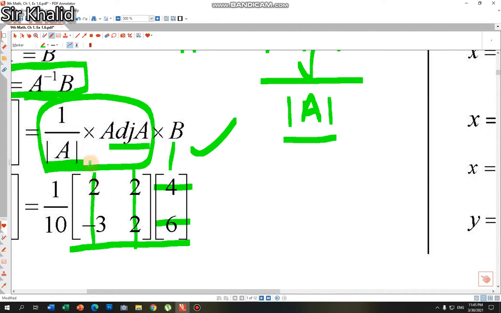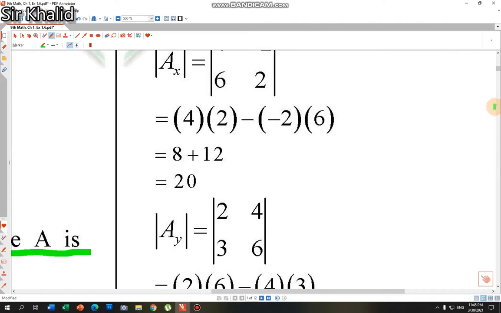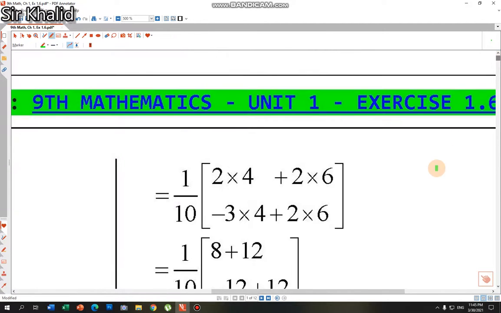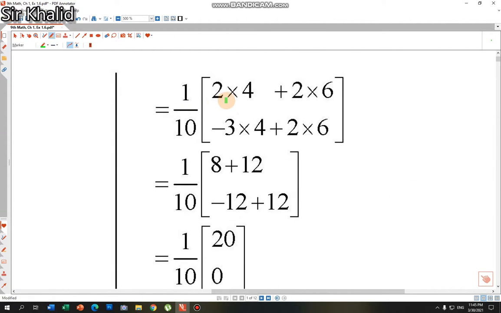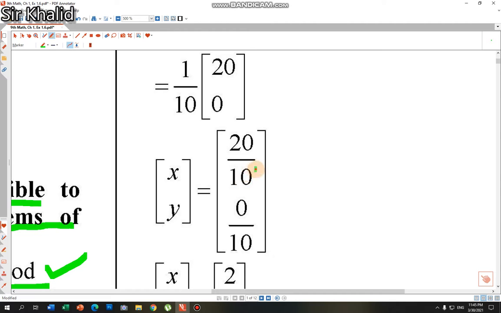Now perform the row into column multiplication. 2 4s are 8 plus 2 6s are 12, minus 3 4s are 12 plus 2 6s are 12. 8 plus 12 is equal to 20, minus 12 plus 12 is equal to 0, times 1 over 10. 10 1s are 10, 10 2s are 20.